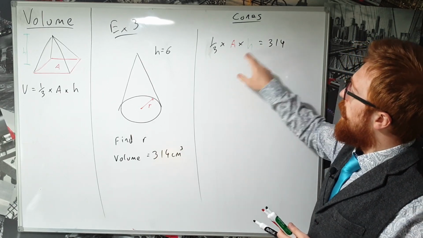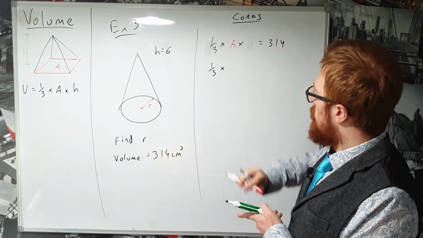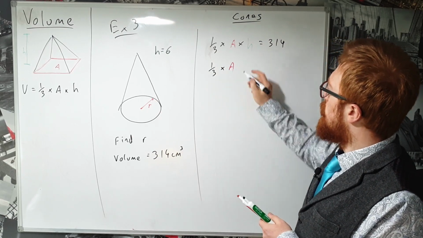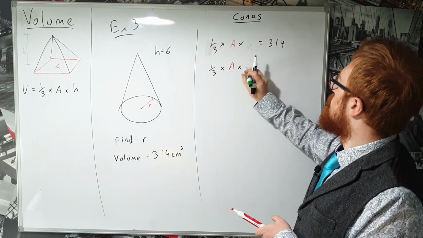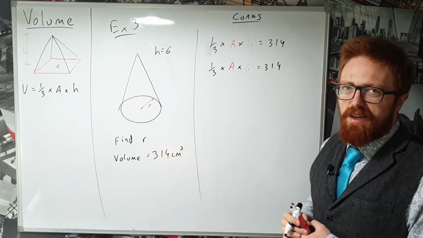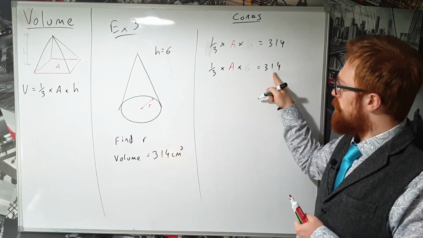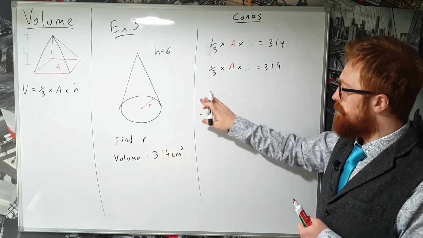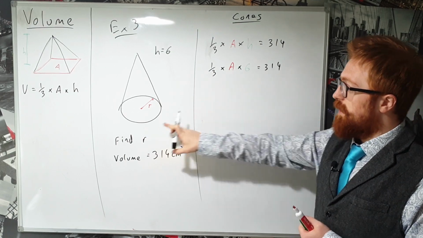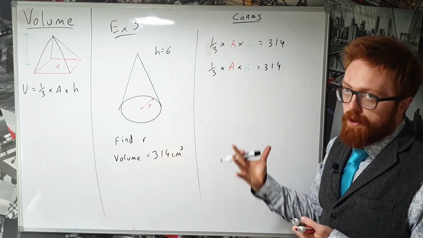Okay, now I know the height is 6, so they will have had no problems with that. 1/3 times by a times by 6 is equal to 314. So now we just need to work out what area must they have worked out for this to be true. So at some point they'll have worked out the area using the pi r squared, and we need to know what the area was, and then we can work out radius.